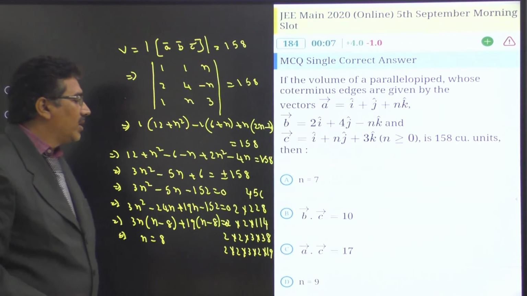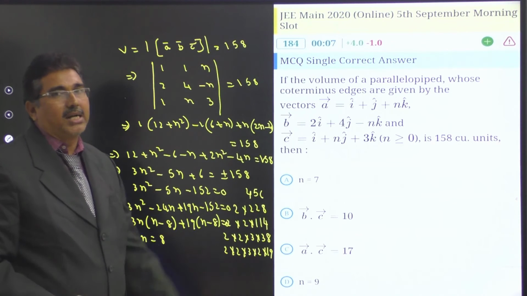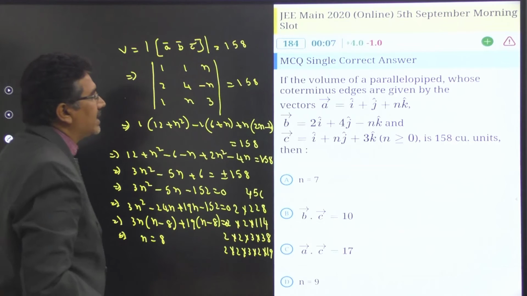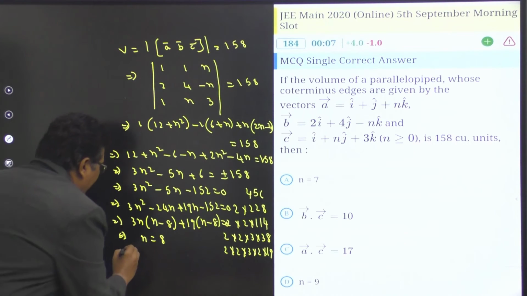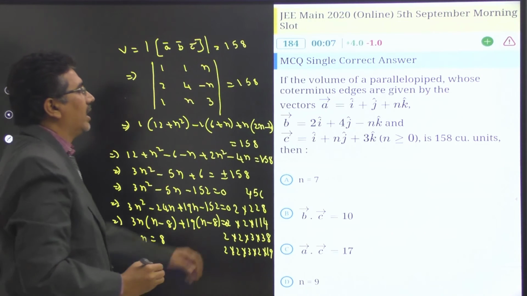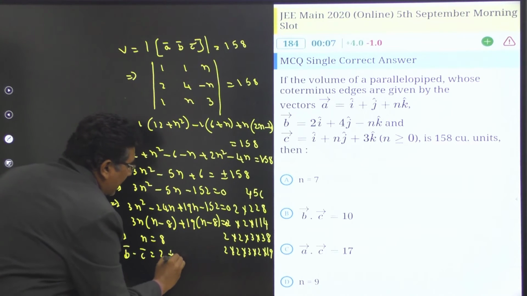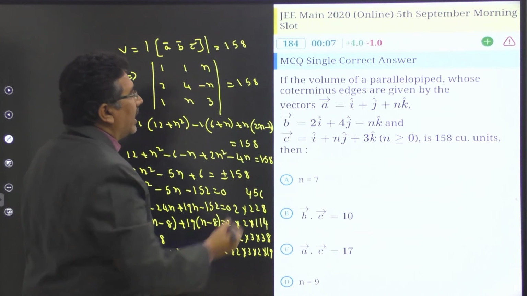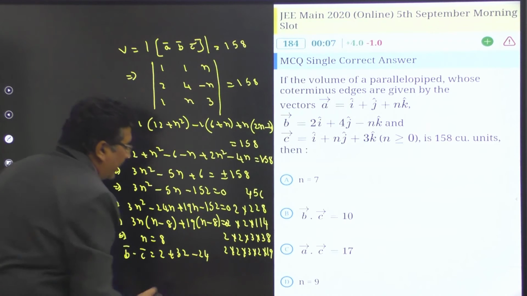Now we want to calculate b bar dot c bar and a bar dot c bar. N is equal to 8. If n is equal to 8, what is b bar dot c bar? 2 ones are 2, 4 eights are 32, minus 3 eights are 24.